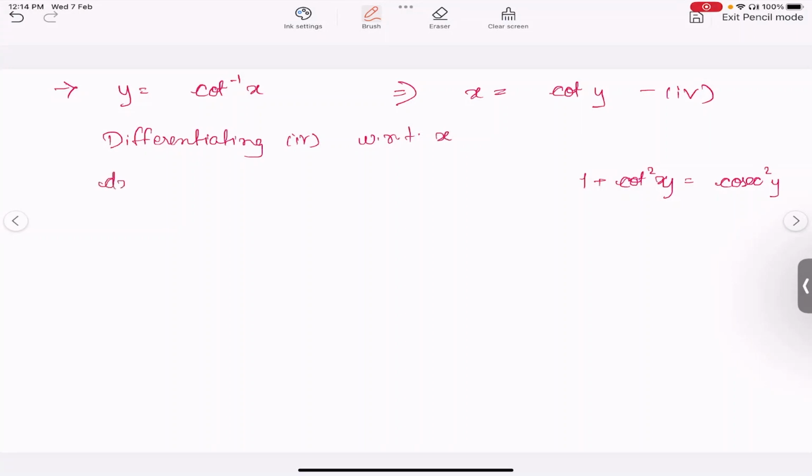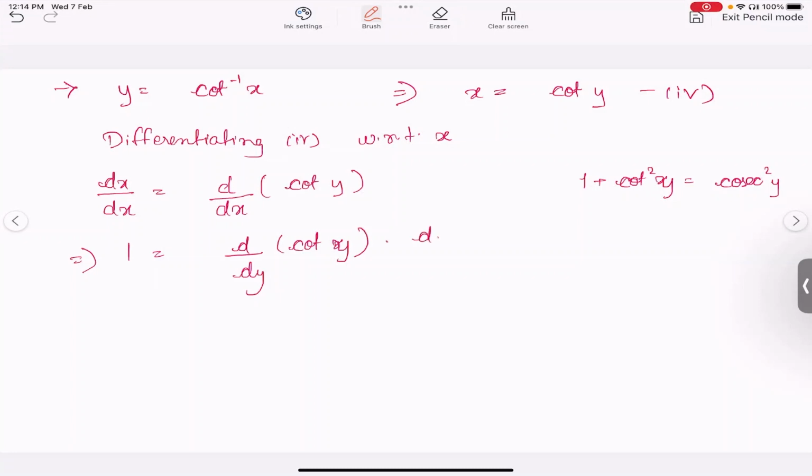So dx by dx will be equal to d by dx of cot y, that will be equal to 1, this will be 1, and d by dy of cot y, we are using the chain rule that we have learned earlier, and now this can be written as dy by dx times the derivative of cot y with respect to y.